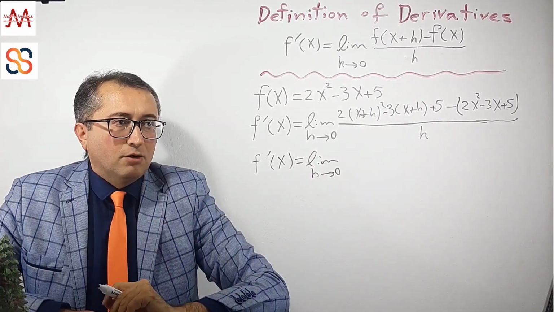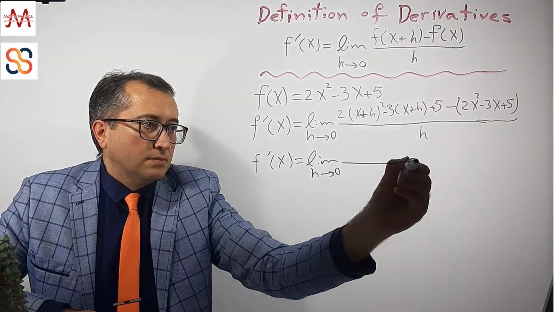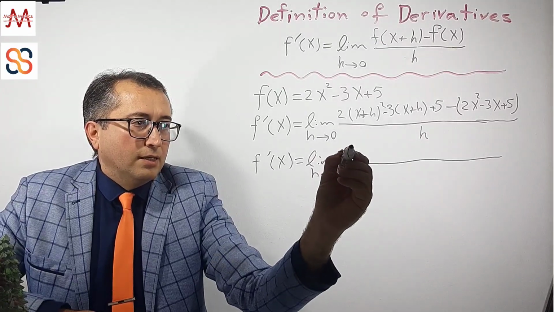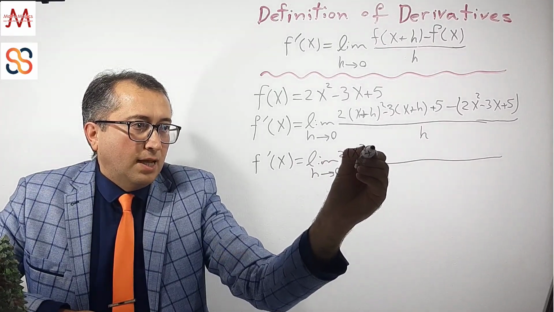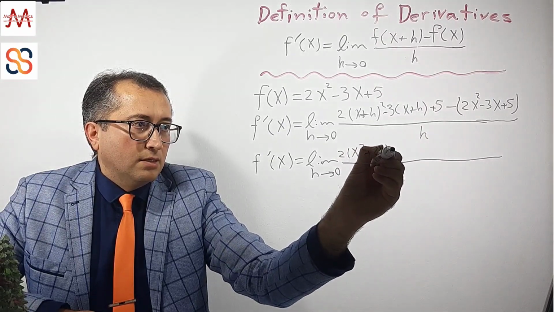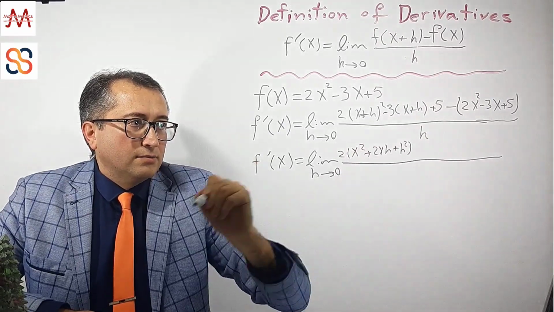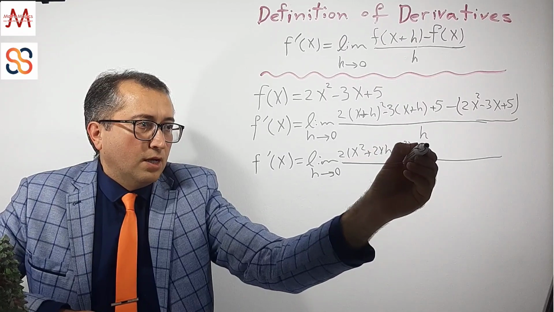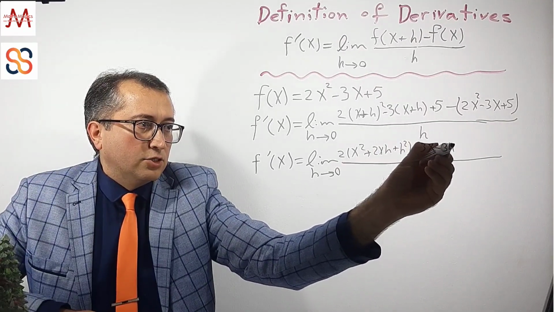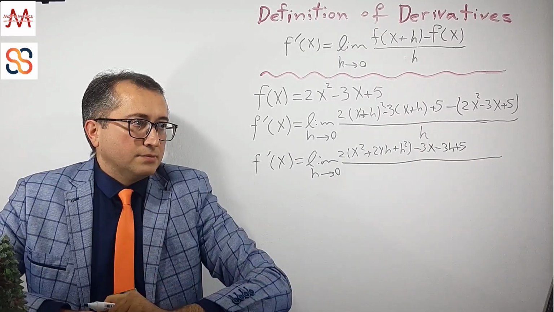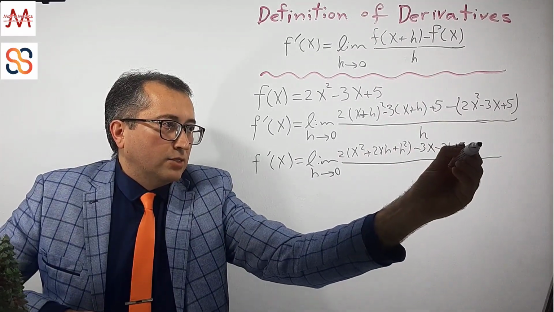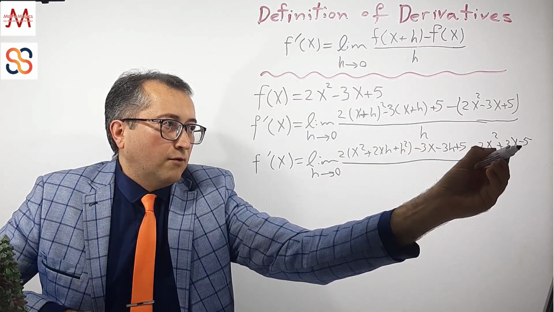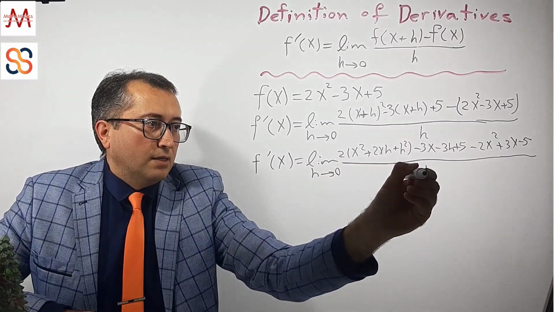h approaches 0 for this limit. We have to do this: 2 times x squared plus 2xh plus h squared, minus, now let's distribute this minus 3 for x and for h, plus 5, minus 2x squared plus 3x minus 5, divided by h.